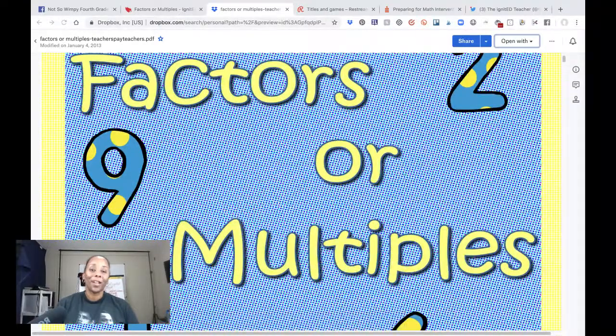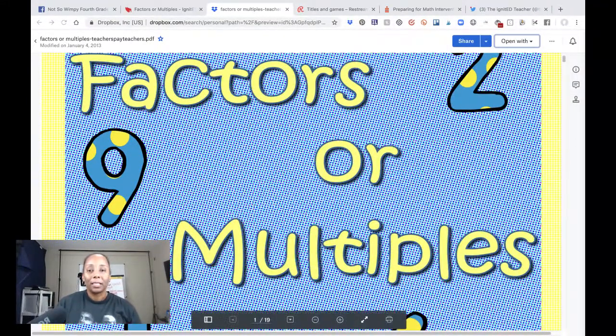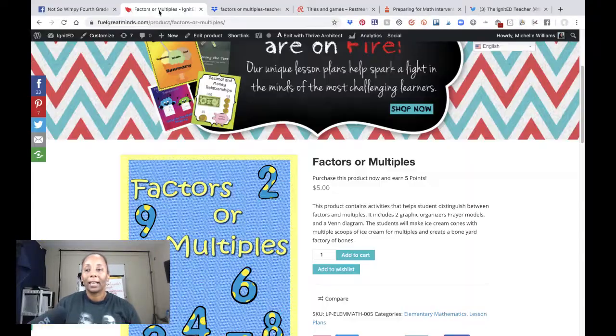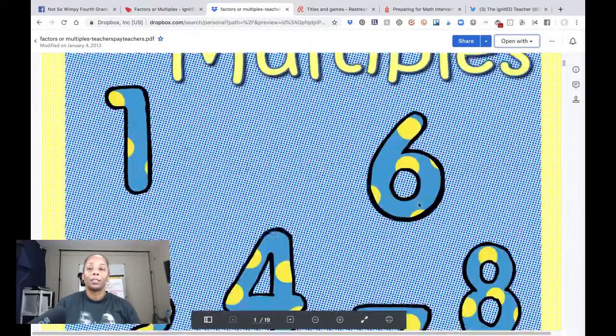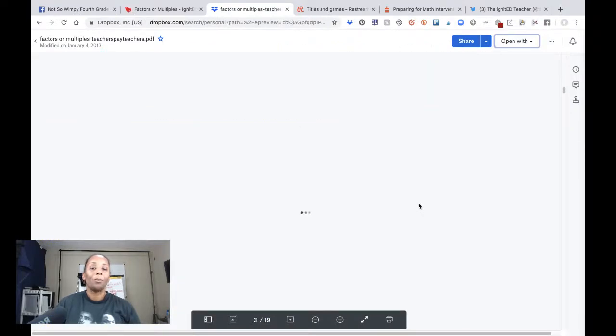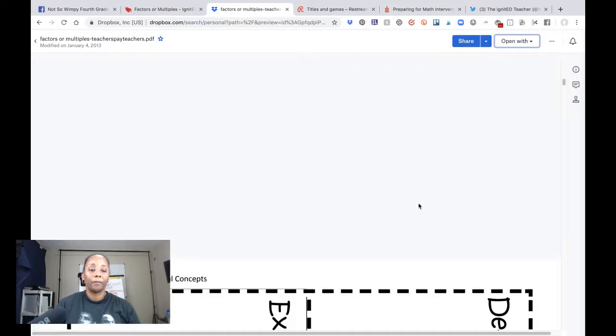So, it's called Factors or Multiples, and I'm laughing because when I created this, let me see. This is on my actual website. When I created this, it was something that my students were really having a problem with.